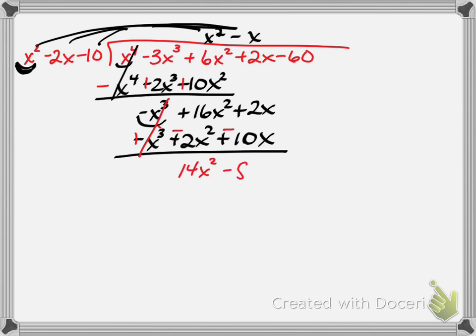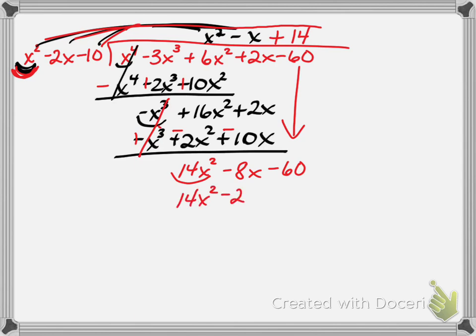14x squared minus 8x minus 60. What do you multiply x squared by to get 14x squared? 14. Then you take that 14 and you distribute. 14x squared minus 28x minus 140. Draw your line.